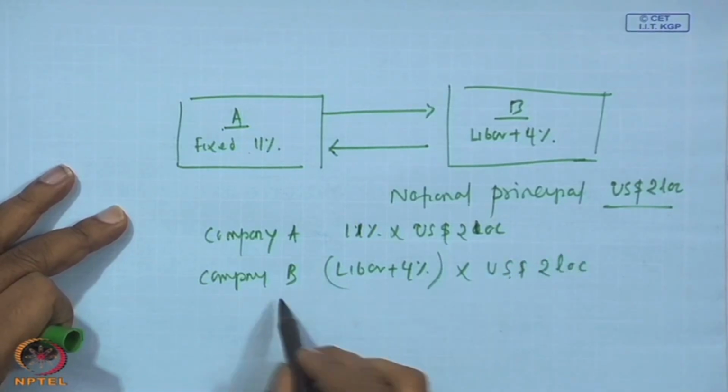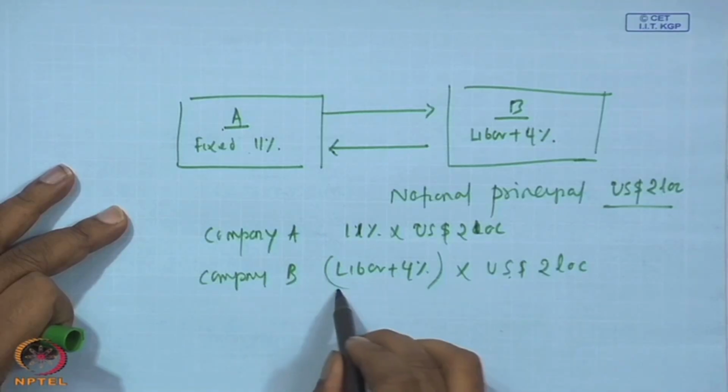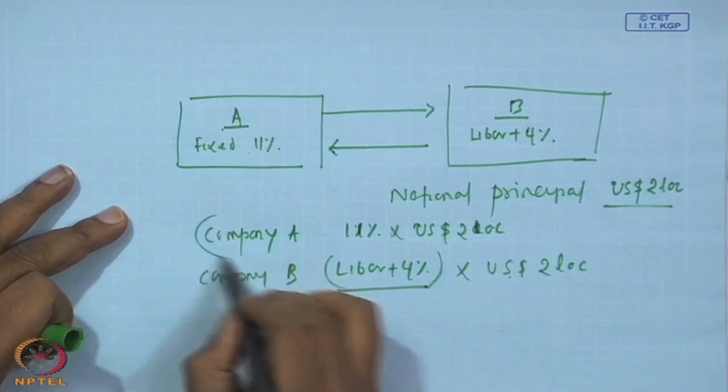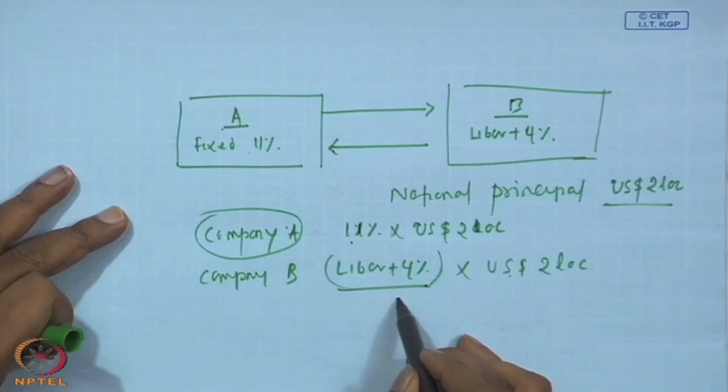So, company B's interest rate, LIBOR plus 4%, will be paid to company A. Company A's 11% interest rate will be paid to company B.